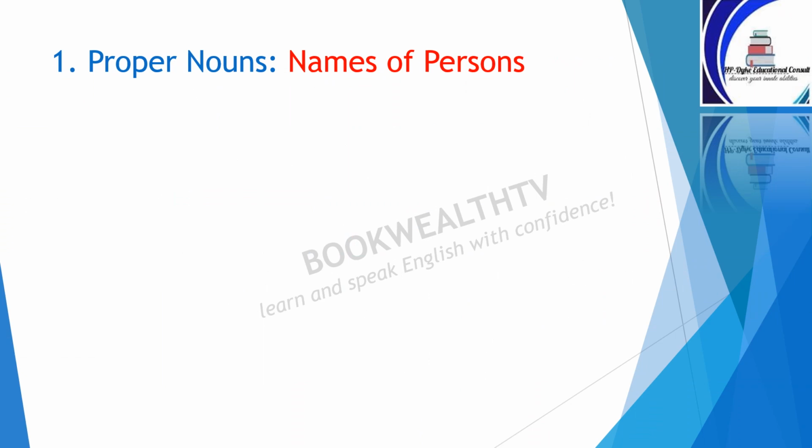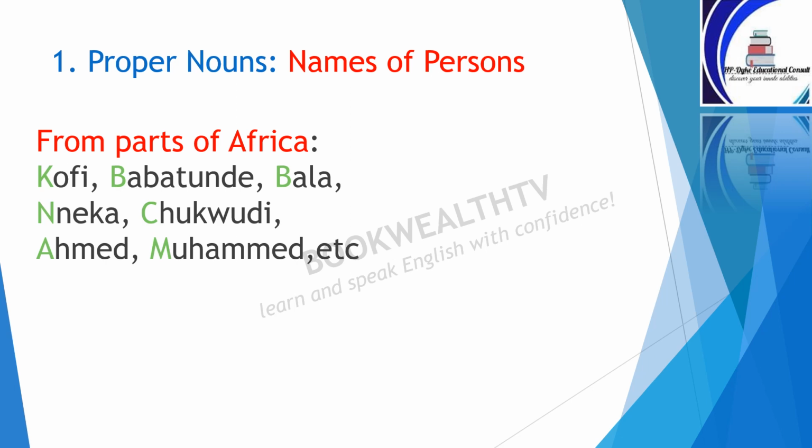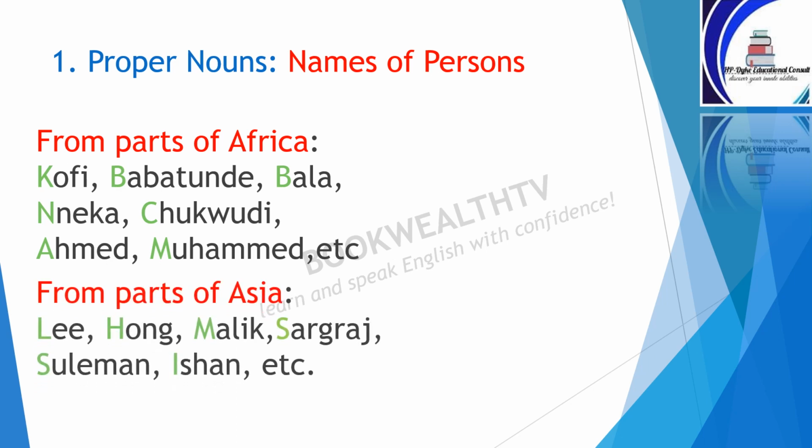Proper nouns, names of persons from parts of Africa: Kofi, Babatunde, Bala, Neka, Chukudi, Ahmed, Mohammed, and several others. From parts of Asia, we have Li, Hang, Malik, Sagraj, Suleiman, Ishan, and several others.